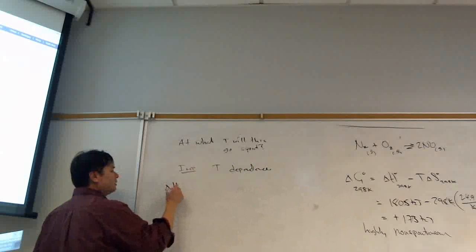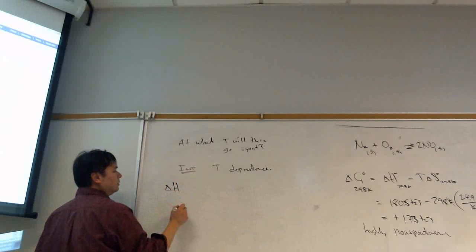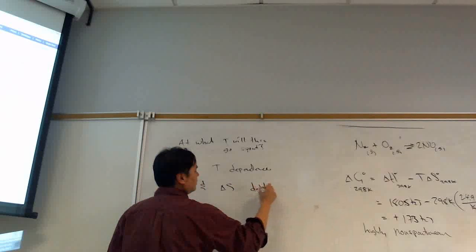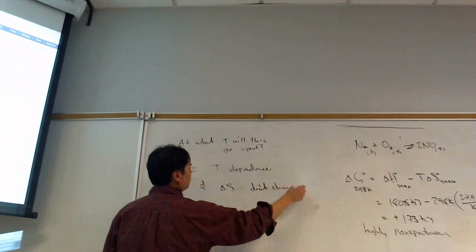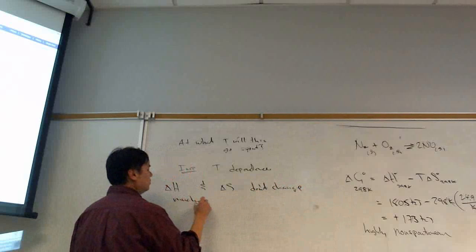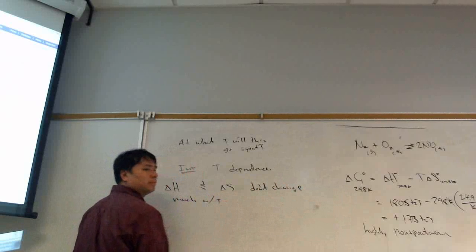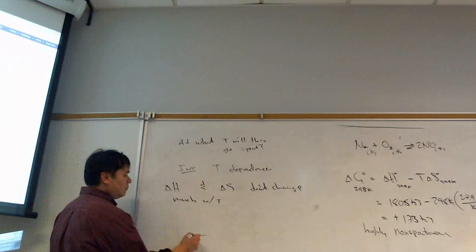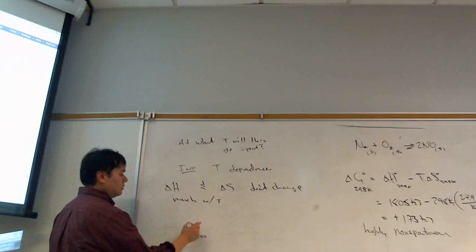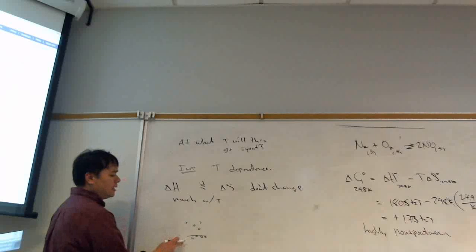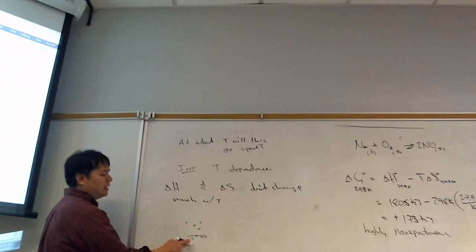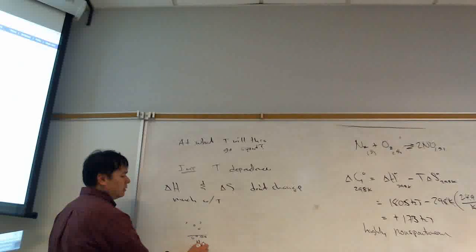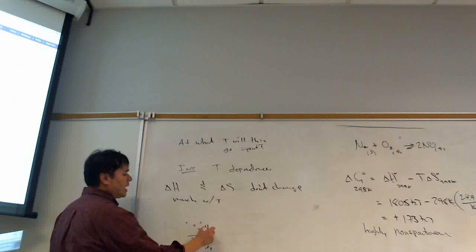Delta H and delta S don't change much with T. So for example, if you vaporized a mole of water at 298, you went from H2O liquid at 298 to H2O gas at 298.